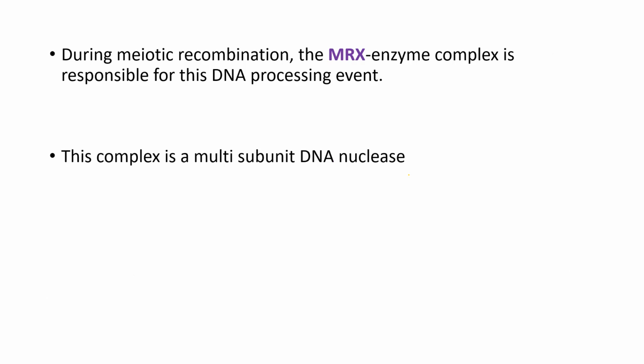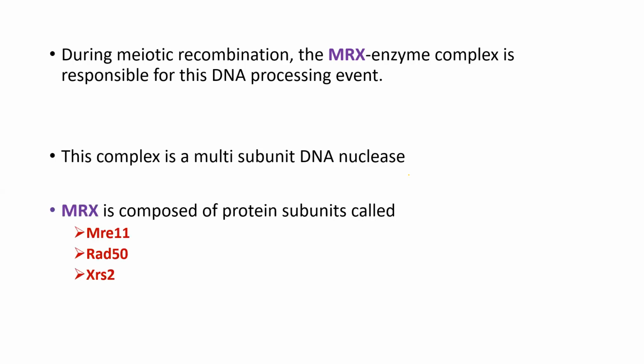We have seen in the E. coli pathway that the enzyme that does this processing to generate the single-stranded DNA tails is RecBCD. Here in eukaryotes during meiosis, the enzyme is MRX. Though it's not analogous to RecBCD, MRX is also a multi-subunit enzyme and it's a DNA nuclease.